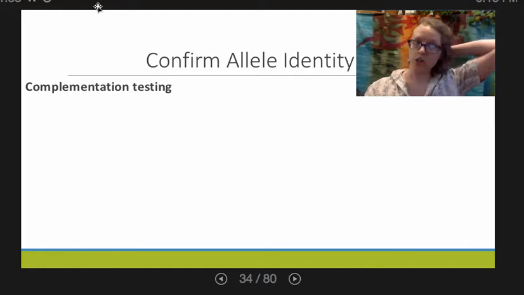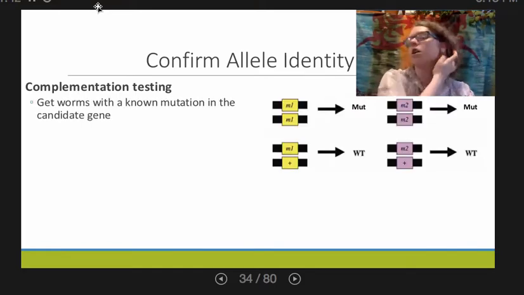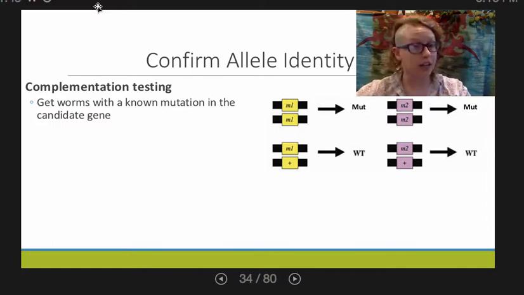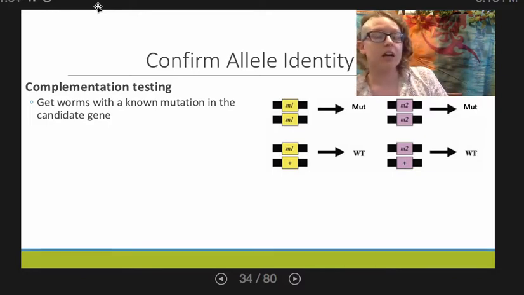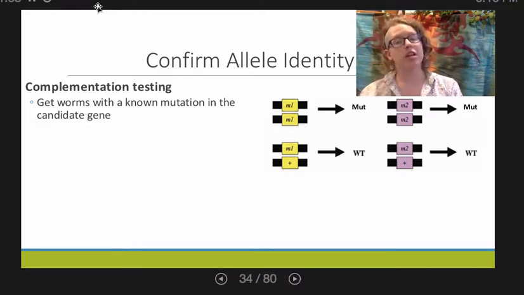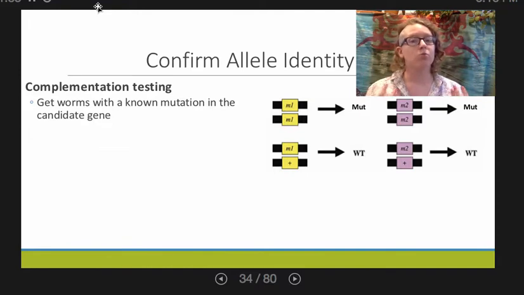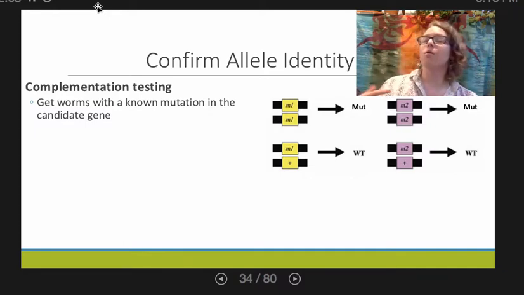So, starting with complementation testing, we're going to order a worm off the internet. It comes in a little manila envelope, very exciting. This worm has a mutation in that region where we think our mutant allele is located. So this is a different allele, but of what we think might be the same gene.